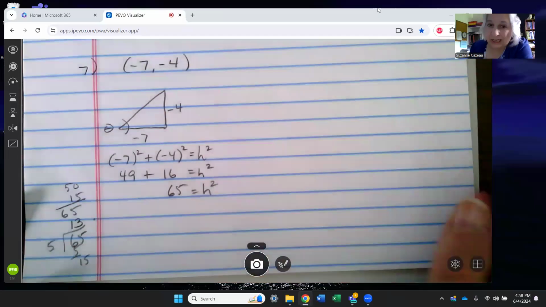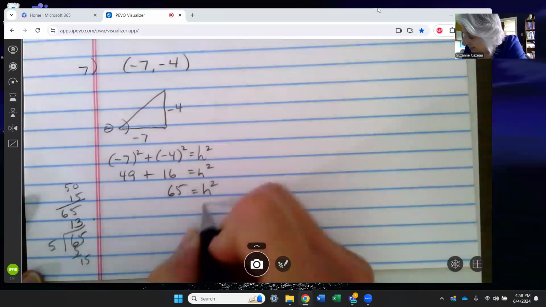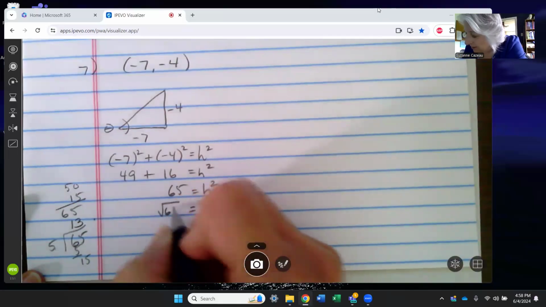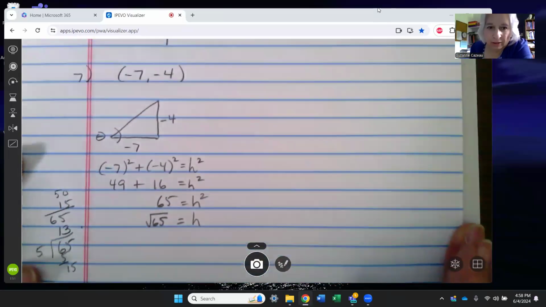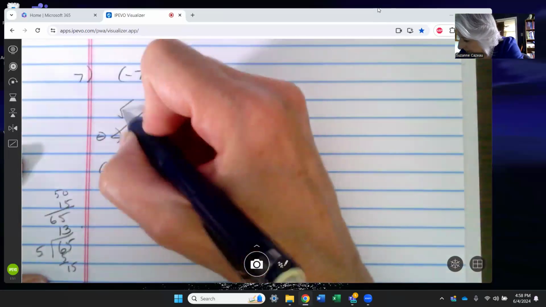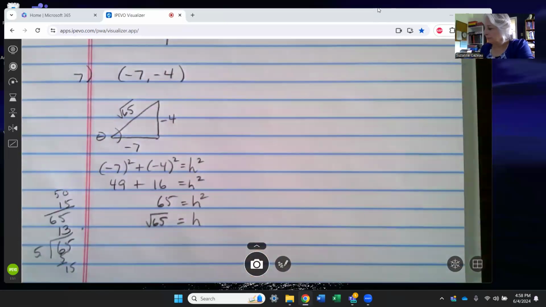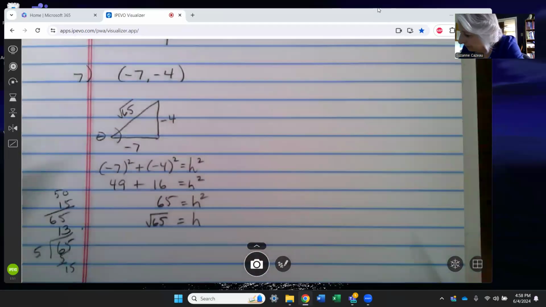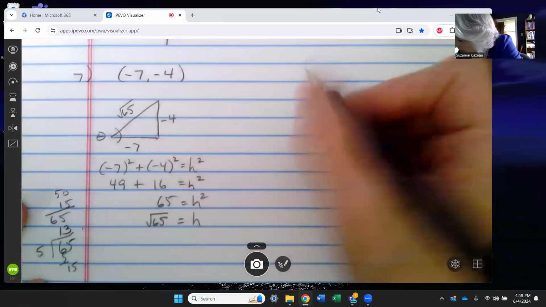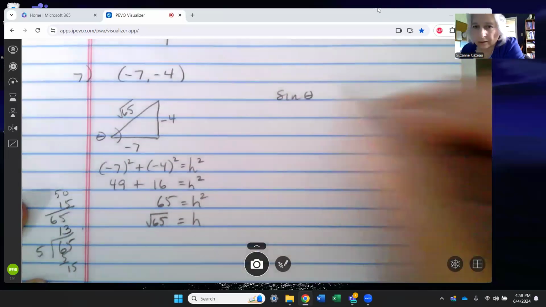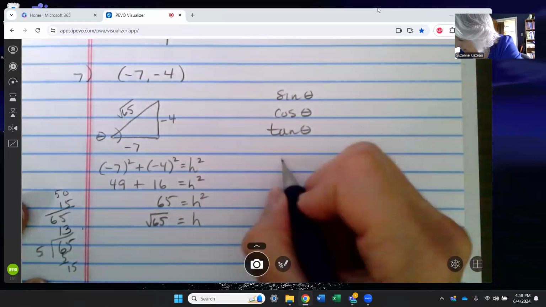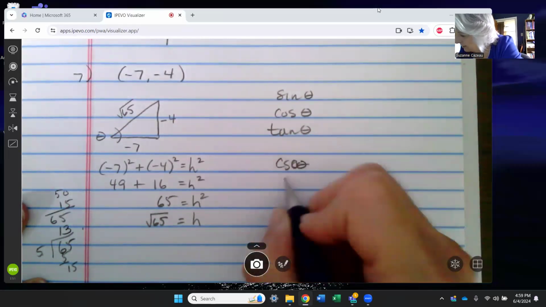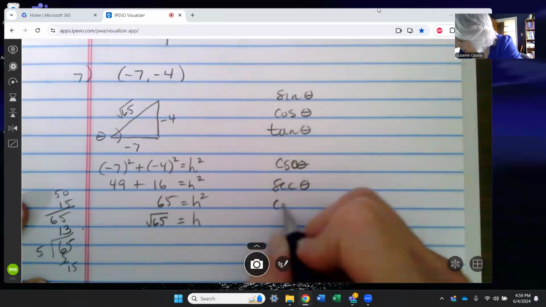So there is no reducing that, okay? So that means h is the square root of 65. Okay. And now we can do all our trig functions: sine theta, cosine theta, tangent theta, cosecant theta, secant theta, cotangent theta.